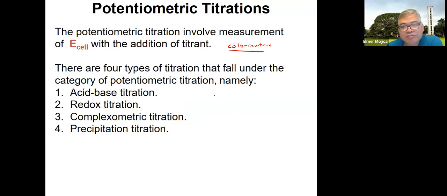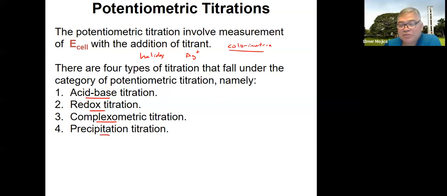I don't know if I sent in the group chat the potentiometric titration that we have: halides reacting with silver ion. You can have an acid-base, a redox titration, a complexometric titration, and a precipitation titration.